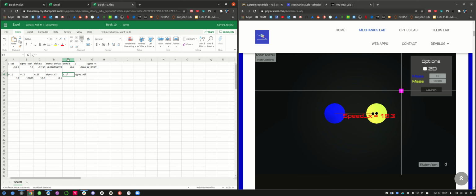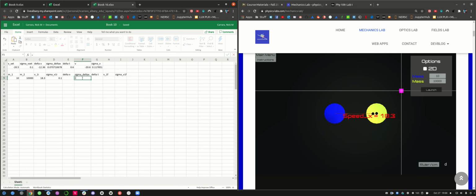And then, so actually I want to put delta x here because I'm going to have to figure out what that is. And a delta t. Then I can put my V1 final and my sigma V1 final. Okay. Sigma delta x is going to always be the same. Square root of 2 times 0.05. It's going to be the same for everything.